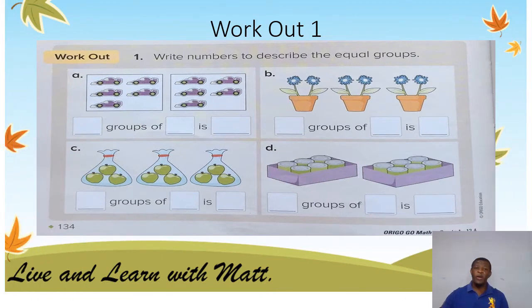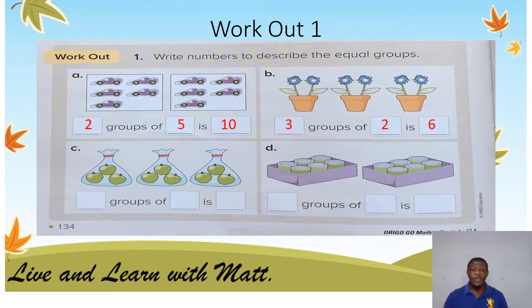Workout number 1. Write numbers to describe the equal groups. So here we have 2 groups of 5 cars is 10. That's correct. Part B. 3 groups of 2 is 6.